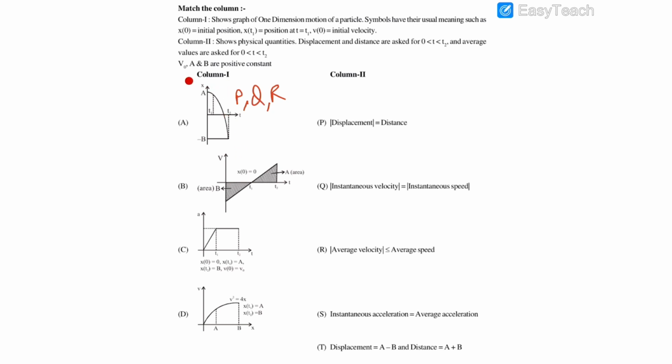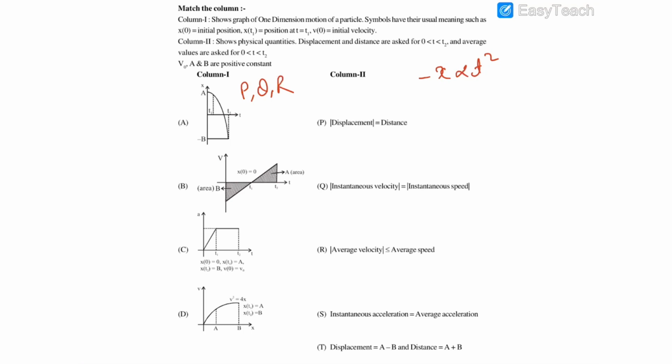If it was a parabola, then instantaneous acceleration and average acceleration would be equal, because if this is a parabola opening towards the negative x-axis, then minus x would be proportional to t squared.